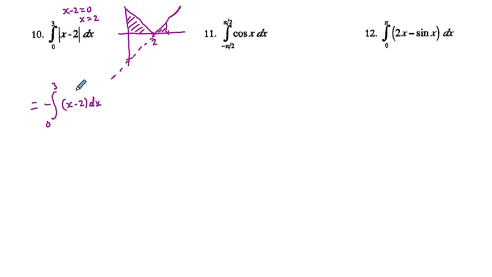The negative out front is what accounts for x minus 2 being the absolute value. And then we're going to add this area between 0 and 2, with the negative, and then take this area above the x-axis between 2 and 3, where we have x minus 2 dx.